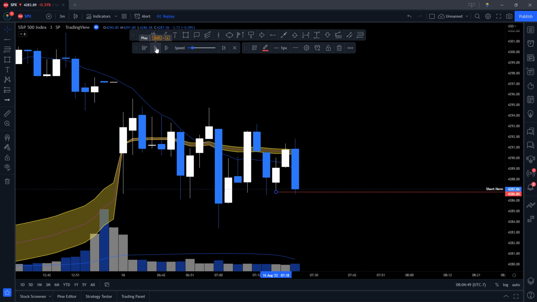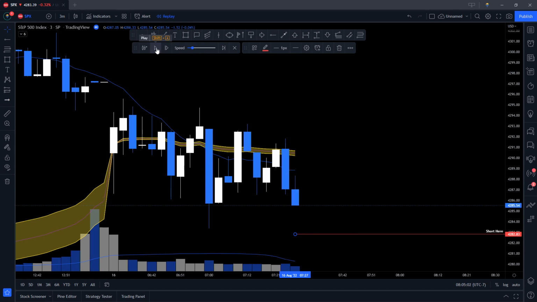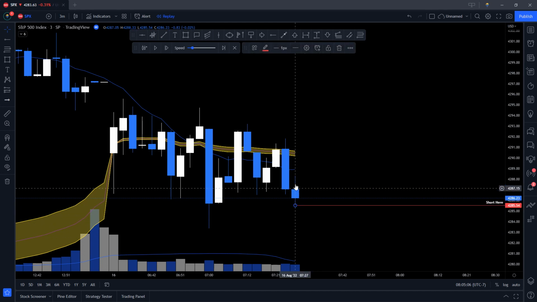So same thing, we pulled back above the VWAP here, so we no longer have an entry. Looks like this candle is going to close below it. And here's our second candle closing under. So our entry becomes below the low of this candle. I believe this is where we finally get our trigger.